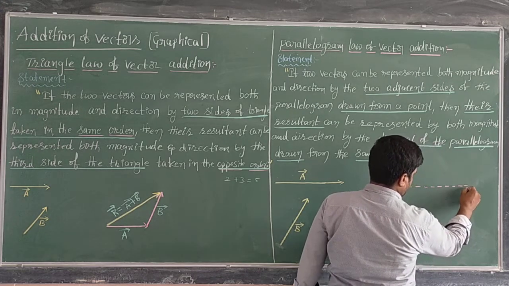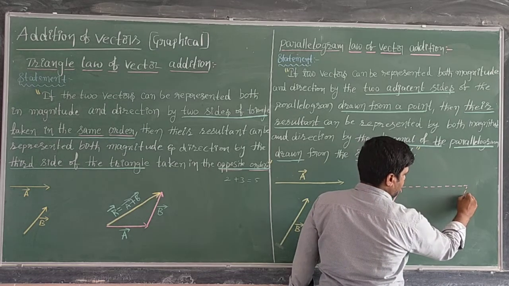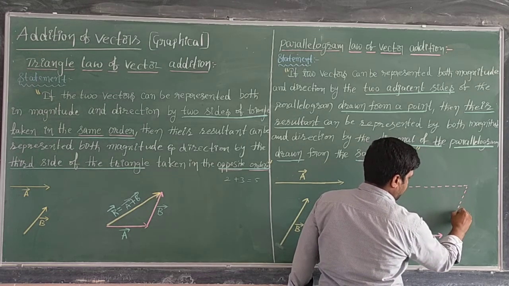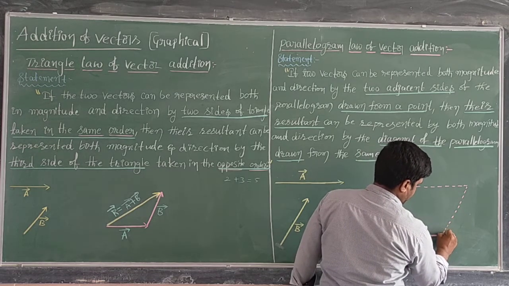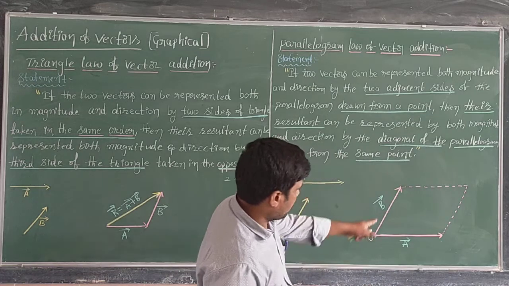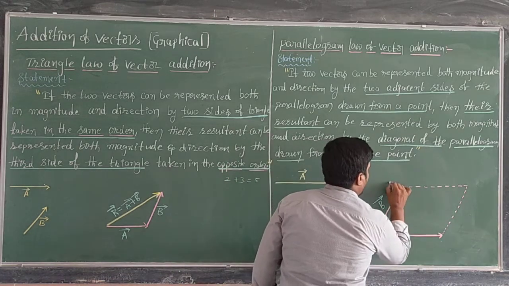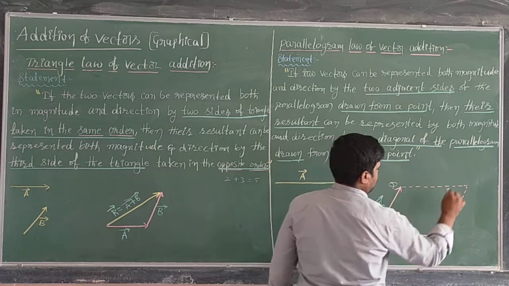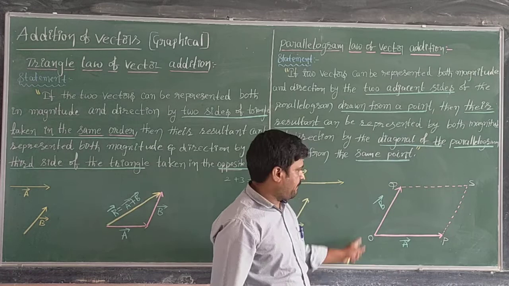Parallel to B, here one line I am drawing. Now one parallelogram I have got. What is the name of the parallelogram? OQSP. OQSP is a parallelogram.